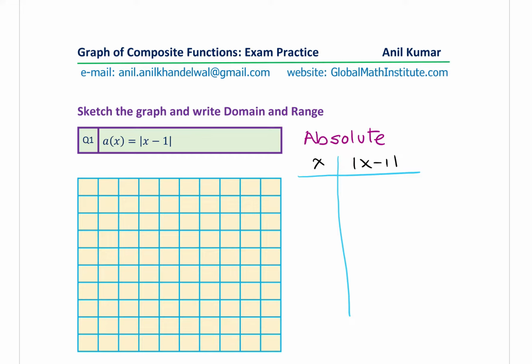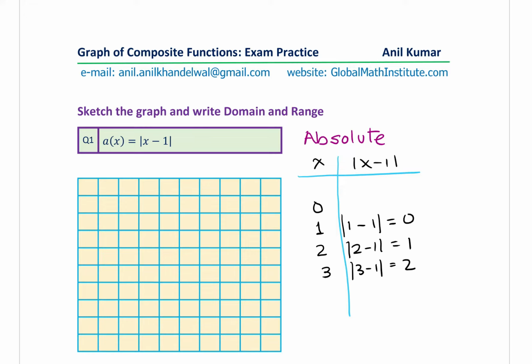Such values, you should begin by getting a result of 0, which is for x equals 1. If I substitute 1 here, we get 1 - 1, which is equal to 0, the absolute value, correct? Now, for x = 2, 2 - 1 will give you 1. The value of 3 will give us 3 - 1 equal to 2.